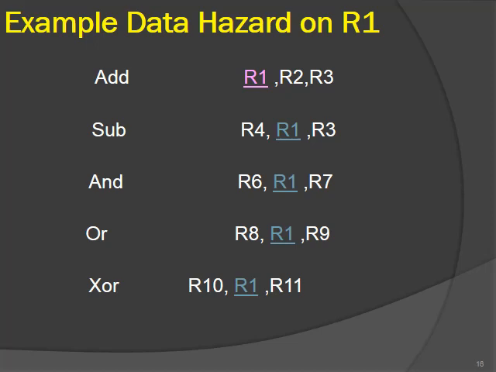Also the result of the subtraction instruction will be used by the AND instruction and so on. So data hazard occurs when the next instruction is dependent on the result of the previous instruction.